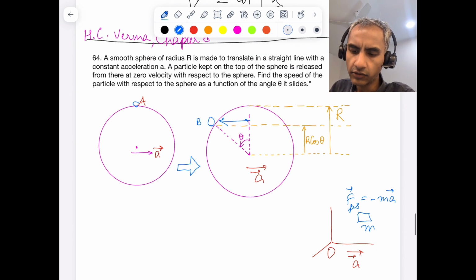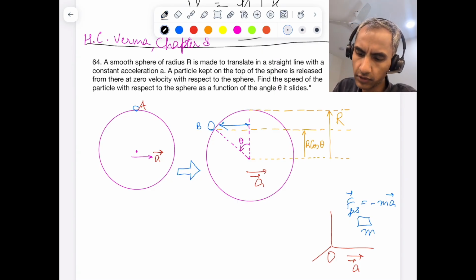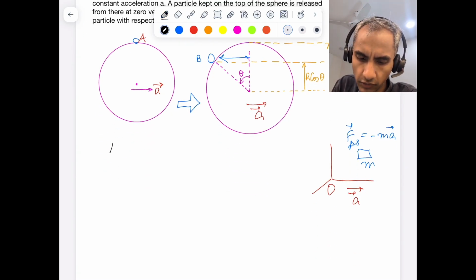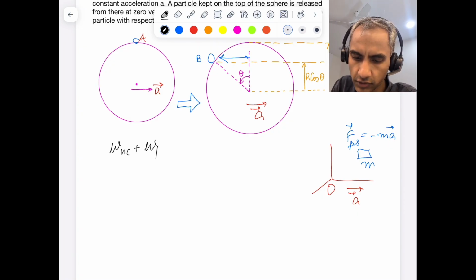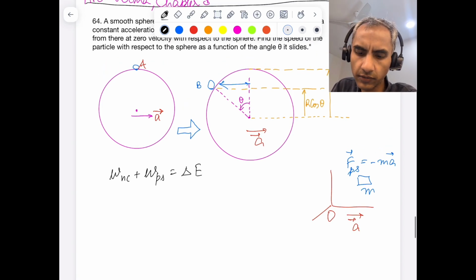So let's write down the work energy theorem for the non-inertial frame of reference. So we have the work of the non-conservative force plus the work of the pseudo force is equal to the change in the mechanical energy of the system, right? And of course, there's no non-conservative force in this setup, so that works out to zero.